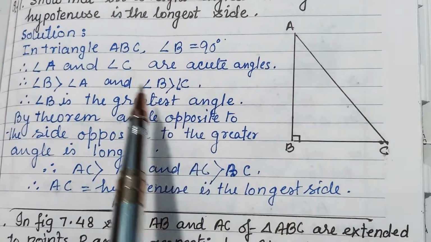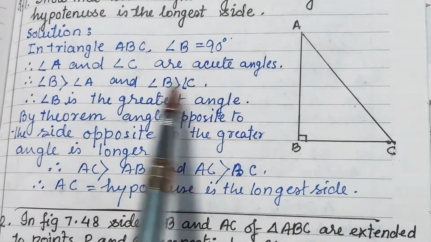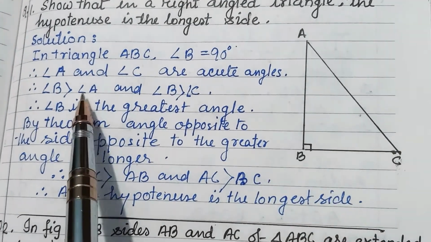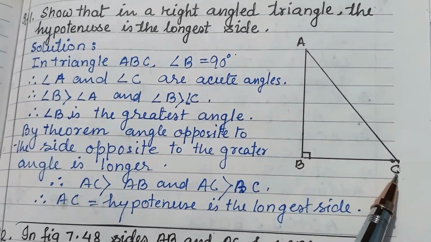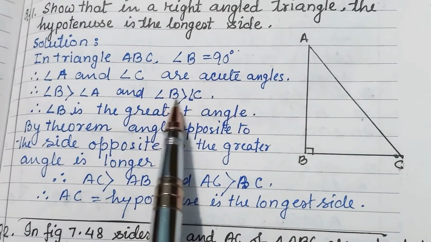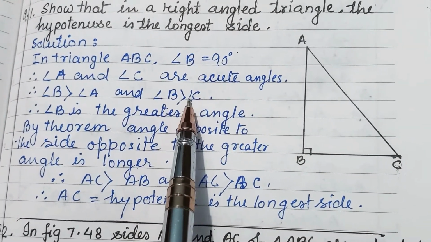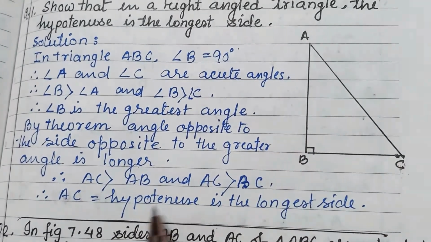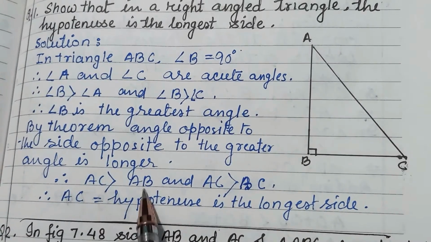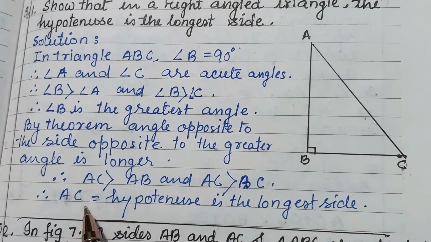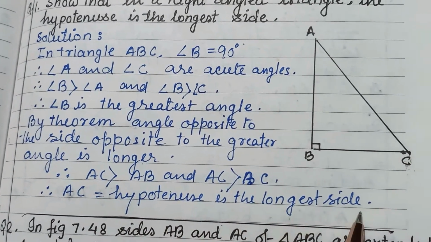B's opposite is AC and A's opposite is BC. So AC is greater than BC. Now angle B is greater than angle C, so AC is greater than AB. From these two relations, AC, the hypotenuse, is the longest side.